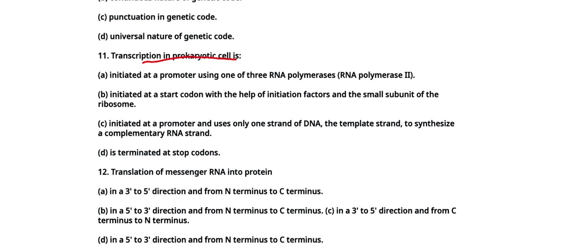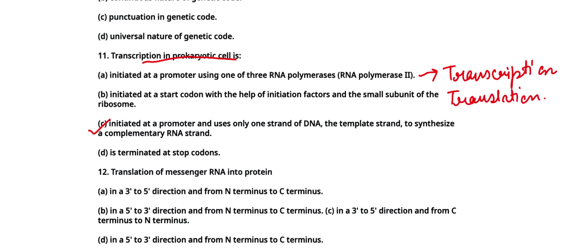Option A describes transcription in eukaryotic cells, and option B describes translation. So our correct answer will be C, that is initiated at a promoter and uses only one strand of DNA, the template strand, to synthesize a complementary RNA strand.